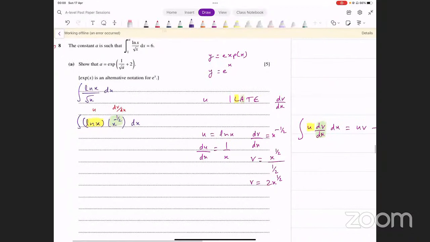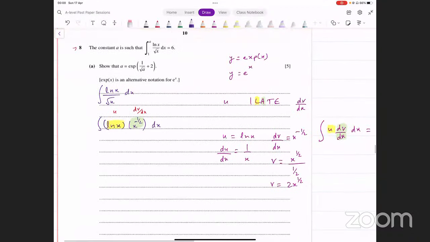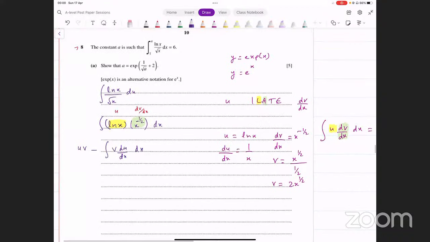Now just input: u times v. I'm going to write that here again: uv minus integral of v du over dx. You just have to pick up the values and input them. u is ln x. v we evaluated on the side, 2x raised to power 1/2, minus integral of v, which is 2x raised to power 1 over 2, into du over dx, which is 1 over x, dx.